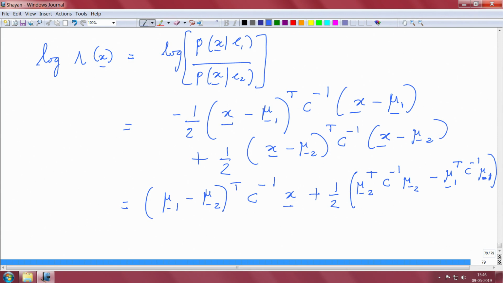So, this is straightforward algebra. You can simplify this and you will get it in this form. Now, I think what is important is to observe this quantity here and this quantity here.